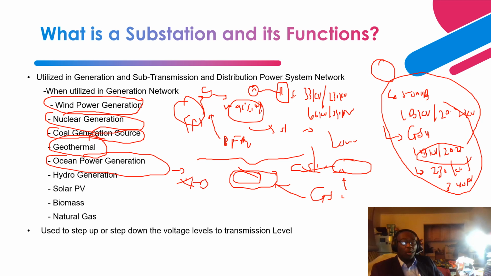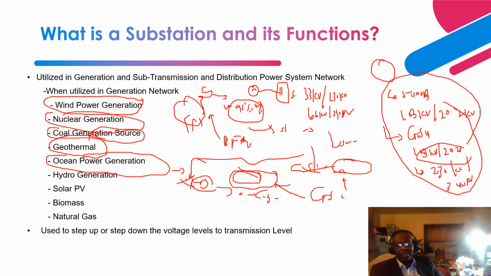Once the ocean wave or tidal wave hits the turbine, it rotates, and that rotates a generator, and an output voltage is generated. Then it goes through a generator step-up transformer to step up the voltage for transmission level.